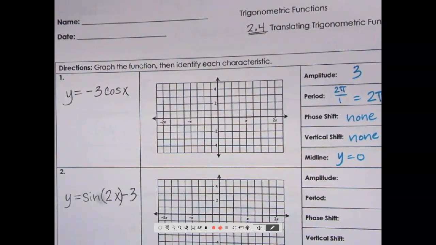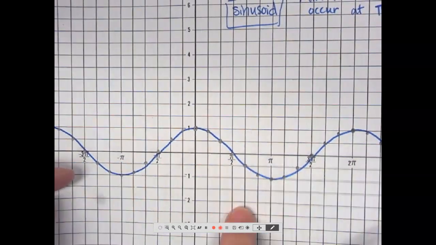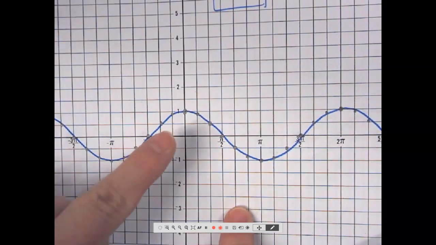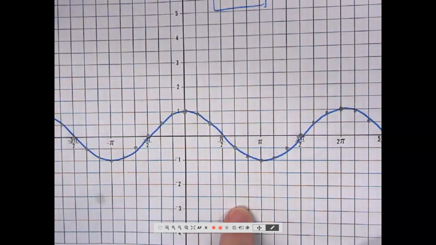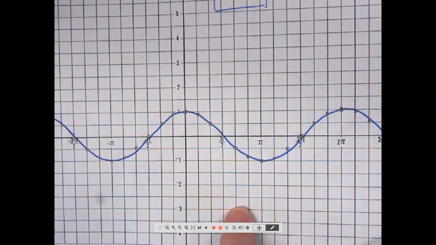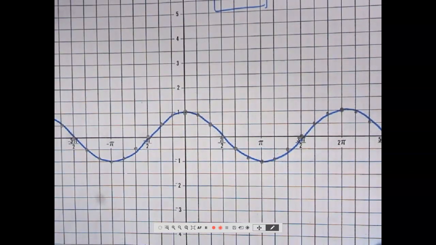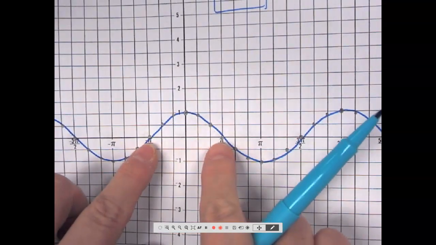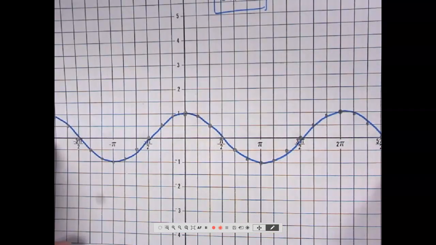Okay, so how am I going to graph this? Go back to your cosine function. This is what we're going to do, but we're going to flip it, and we're going to make it go up to 3 and down to -3. So what I'm going to do is find where it's crossing the midline, where the maxes are, where the mins are. If I'm not shifting left or right, isn't it still going to cross the midline at the same place?